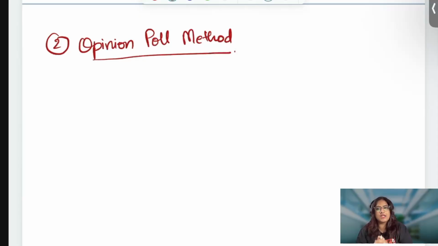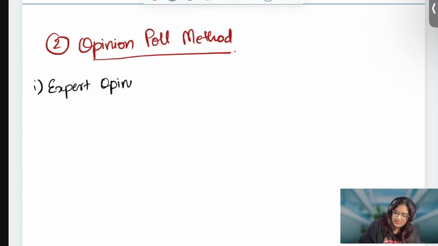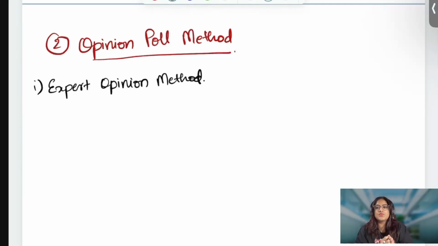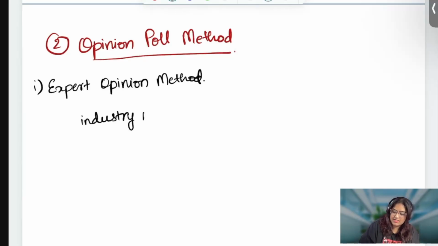There are mainly four types of opinion poll method. Let's go one by one. The very first one is the expert opinion method. This is the simplest and most widely used approach. Here we consult with industry experts, economists, consultants, or experienced managers.